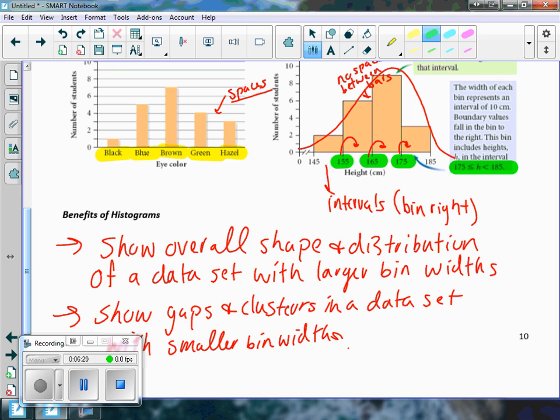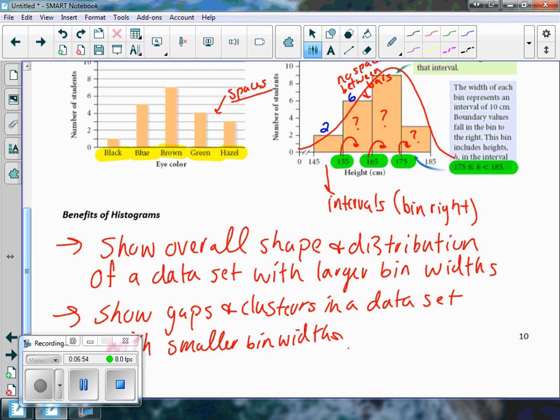Just looking at a histogram, though, one of its downfalls is you don't know the data. I have no idea what data points are inside those bins. I just know that in this bin, there are a total of 2 data points. In this bin, there are a total of 6 students from the height of 155 to 165.